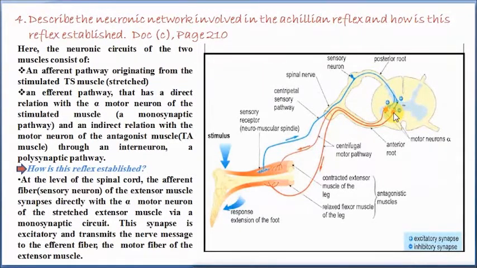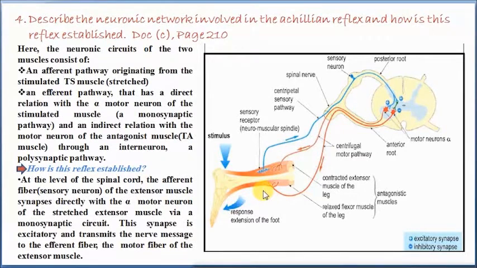Now, you're going to see that we have a neuron here. This neuron here is colored green. This green neuron, its terminal end is synapsing with the cell body of the alpha motor fiber, which is going down here like this to the flexor muscle.